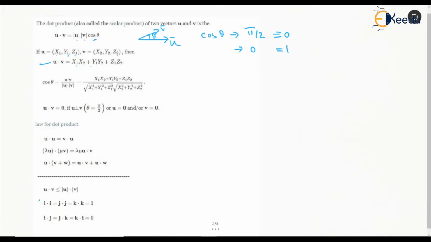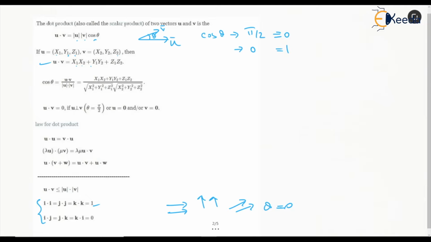We'll see the last two identities here. i dot i, j dot j and k dot k are all 1. They all have magnitude 1, and i and i are in the same direction, j and j are in the same direction, k and k are in the same direction. That makes theta equal to 0, so cos theta is equal to 1, and the magnitude is 1 itself, so the product is 1.